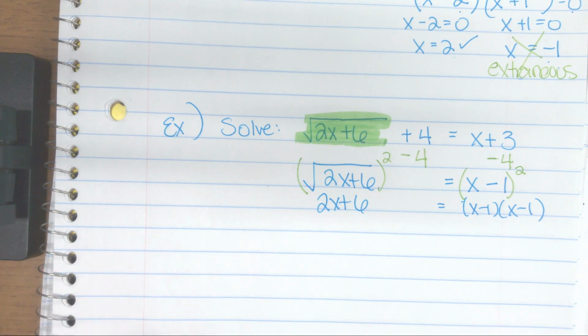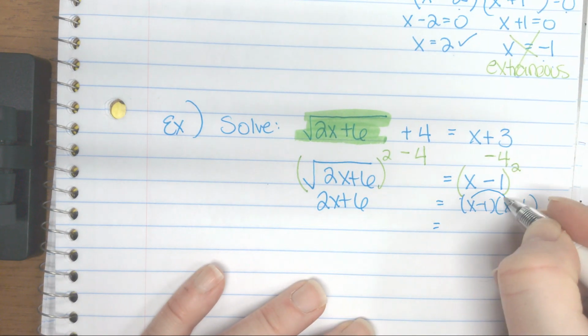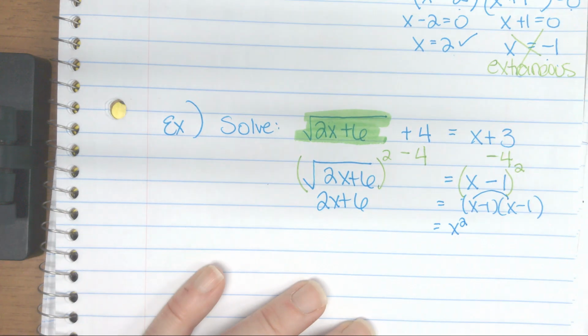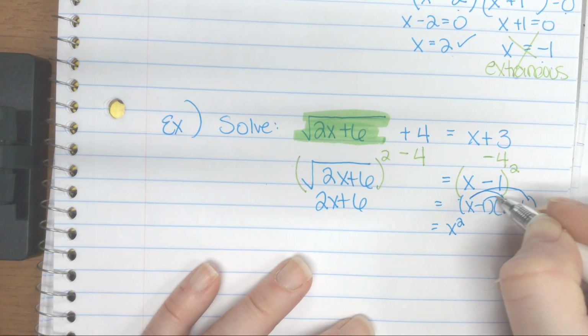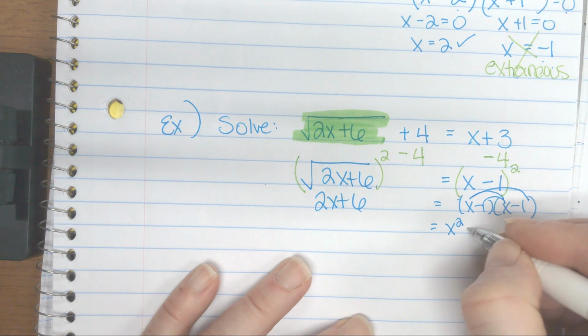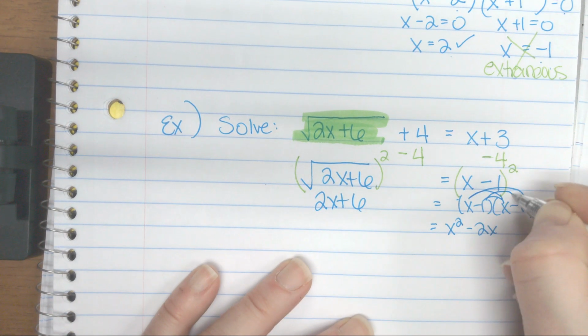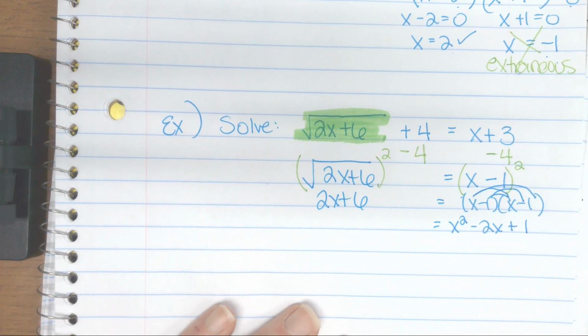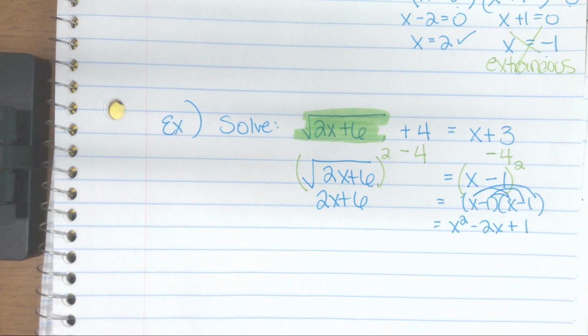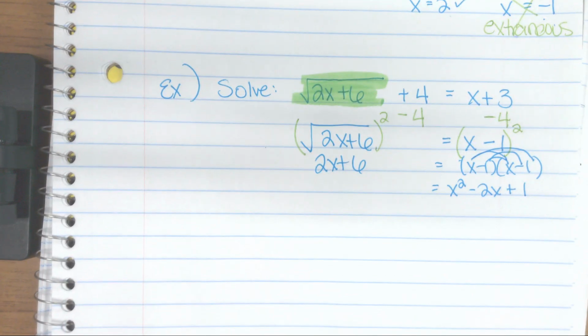All right, let's do it. X times x is x squared. I'm going to do this all in one step because we're in Algebra 2 now. Minus 1x is going to add together to make minus 2x. And negative 1 times negative 1 is plus 1. This is a quadratic. My options are factoring or quadratic formula.